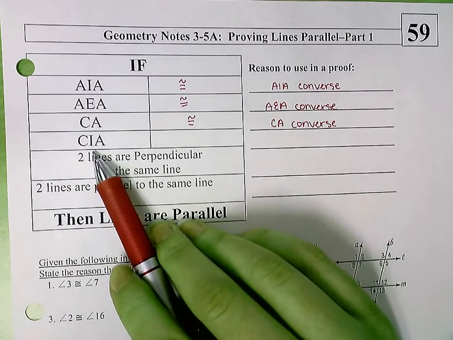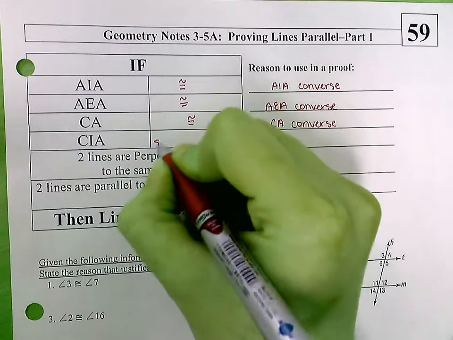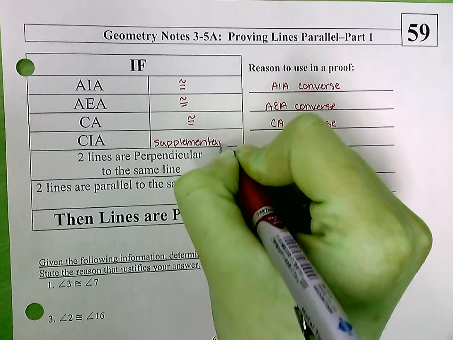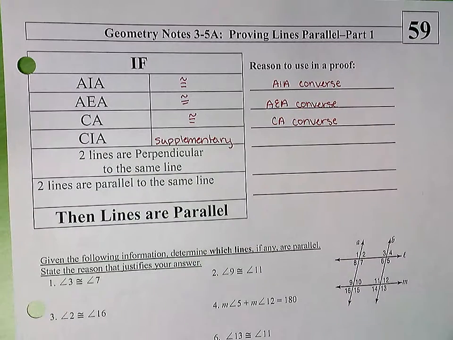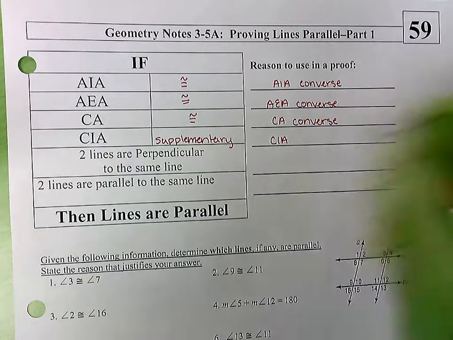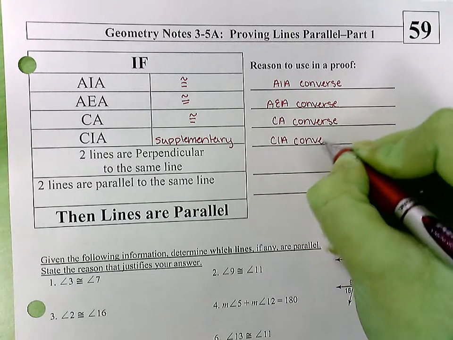Then if we have consecutive interior angles supplementary, then your lines are parallel. Okay, again, consecutive interior angles are your only angle pair here that would be supplementary, just so it's a little bit easier to remember. And using it in a proof, we'll use consecutive interior angle converse.